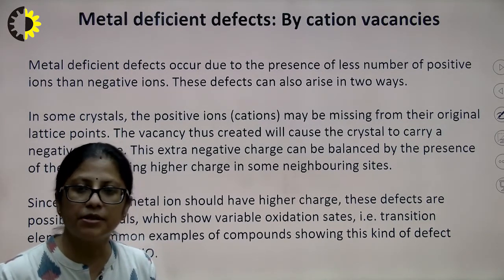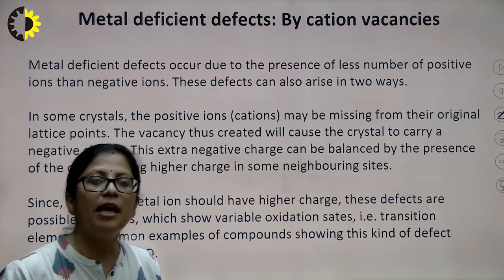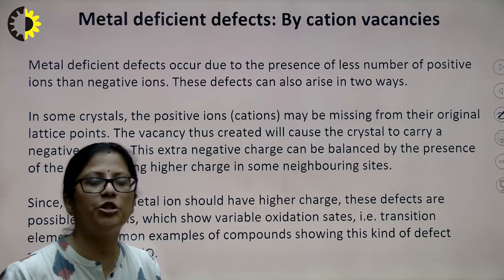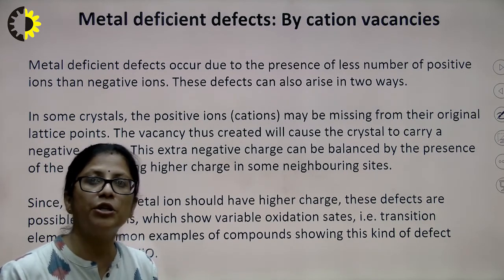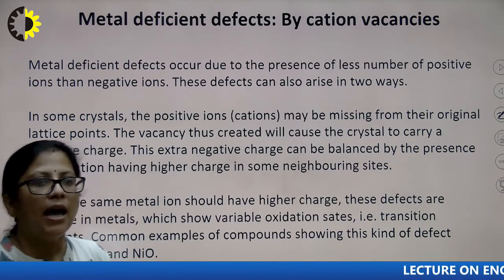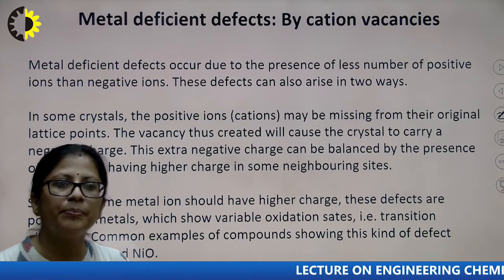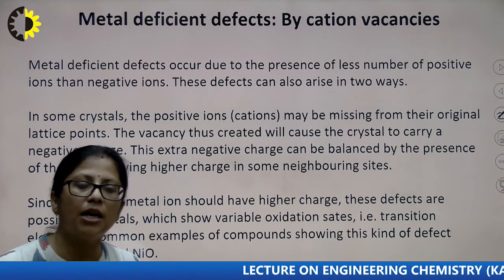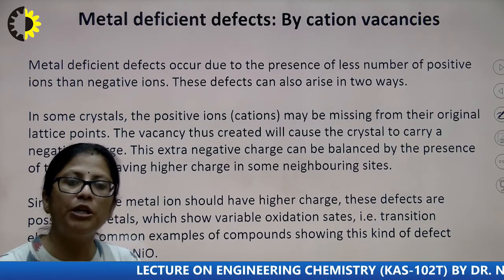In some crystals, the positive ions, which are the cations, may be missing from their original lattice points, and thus a vacancy is going to get created, and there will be extra negative charge in the system, and this negative charge will be balanced because the crystal as a whole has to be neutral.